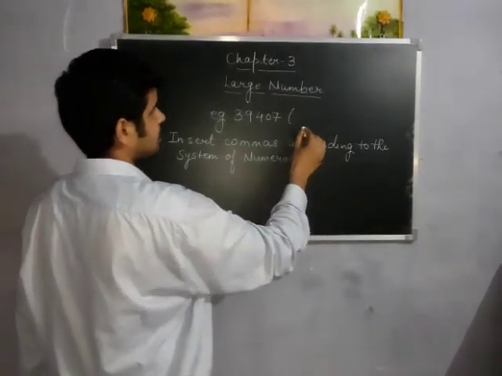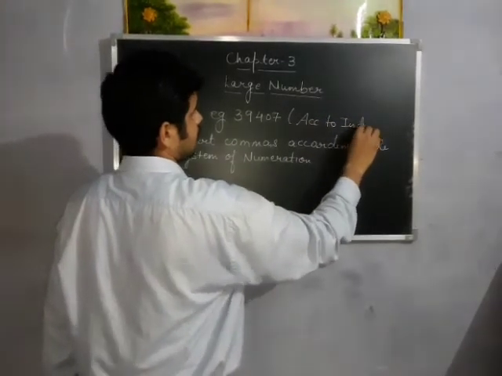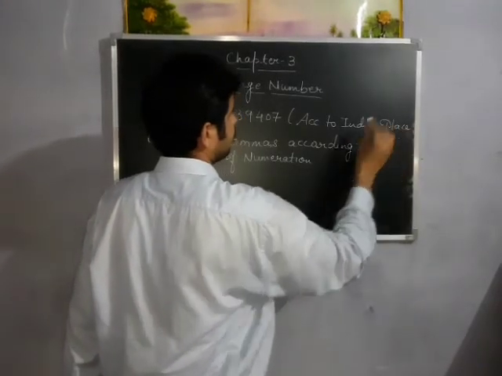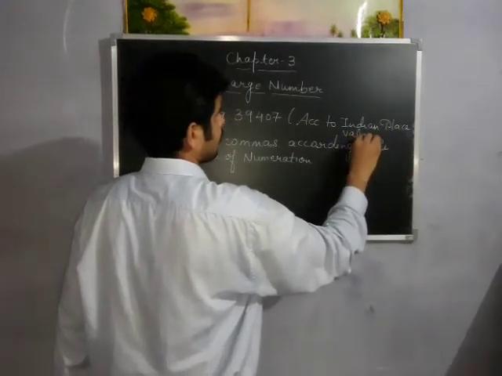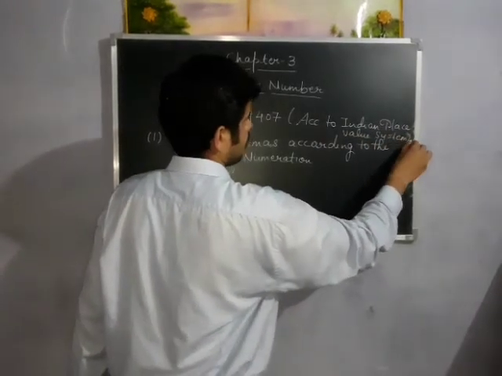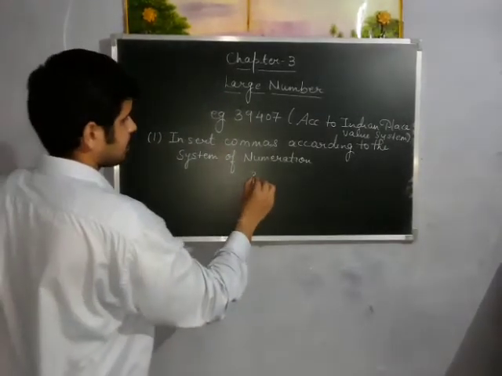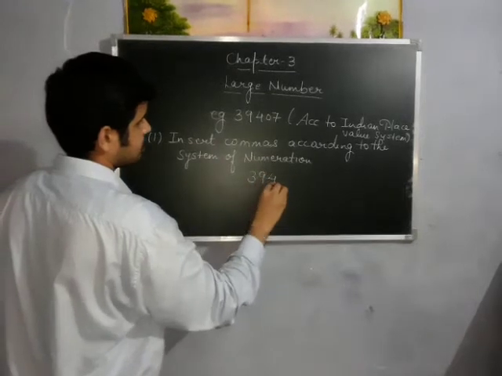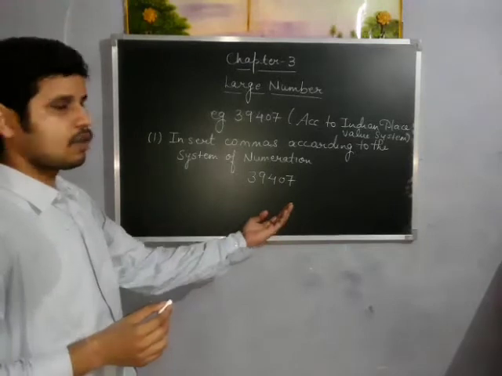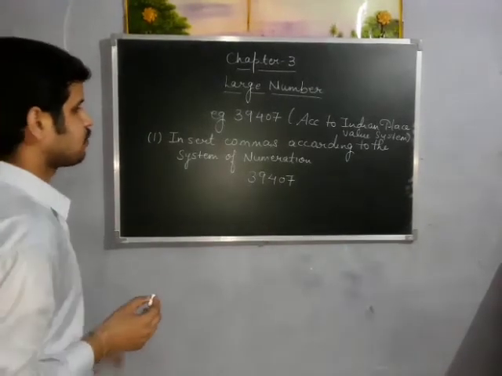So we will insert commas according to the Indian place value system. So this is your number 39407. In the Indian place value system, how you will insert commas, we will discuss this first of all.